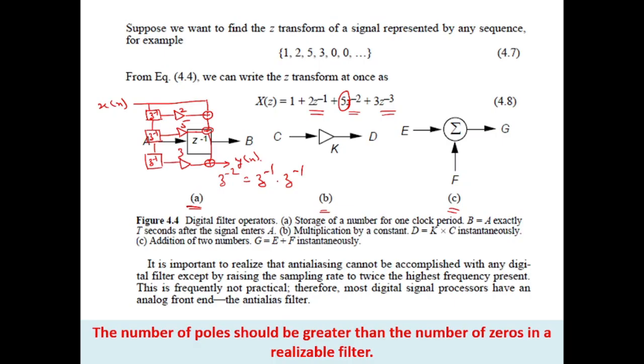If the number of zeros is higher, then the filter does not remain causal. So for a causal system you should have the number of poles greater than or equal to the number of zeros. And for stability, all the poles should be within the unit circle of the z plane, and in the Laplace plane, or the s plane, it should be on the left hand side, not even on the frequency axis.